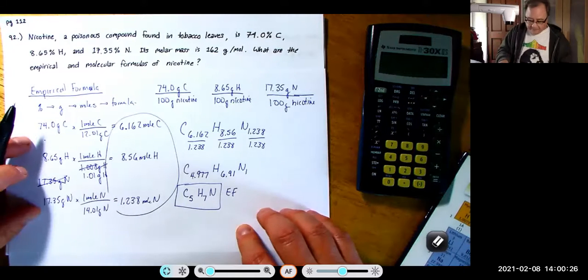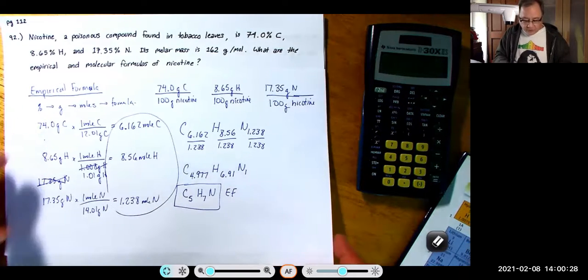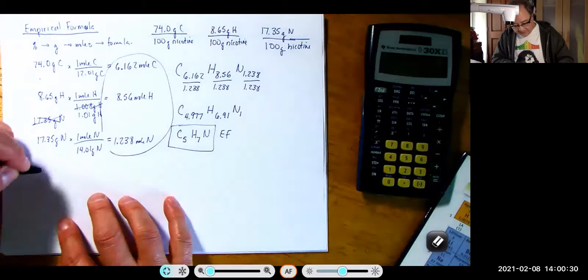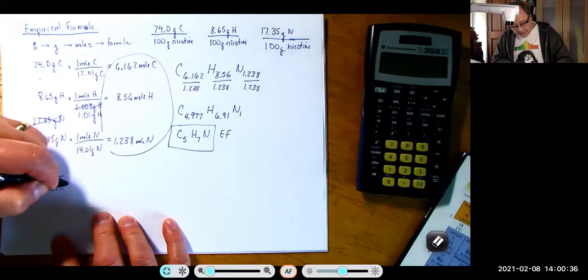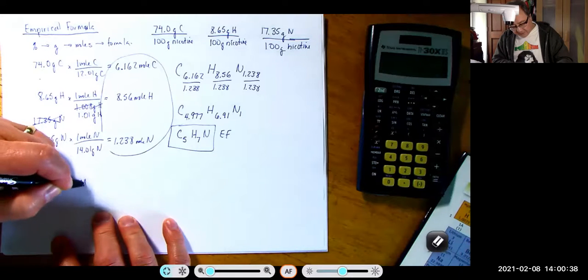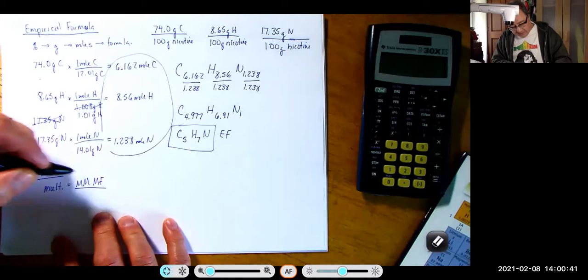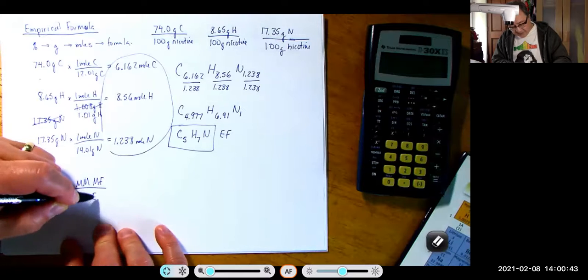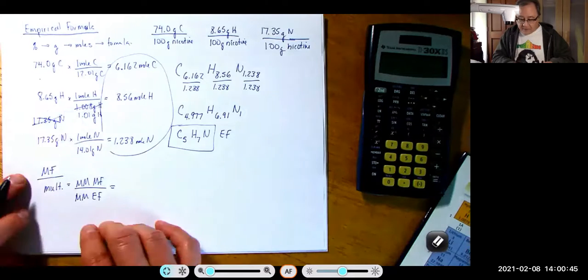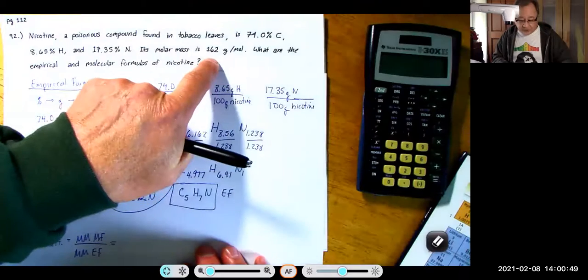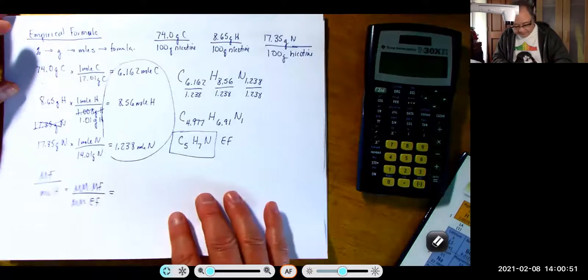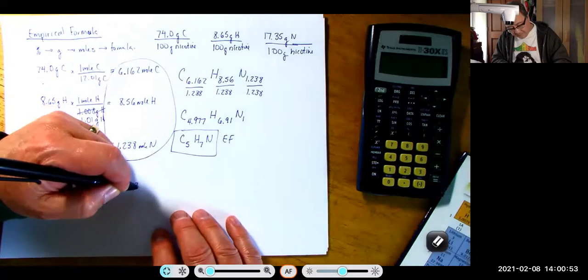Okay? So let's go to the molecular formula. Remember, we're going to get our multiplier, which is the molar mass of the molecular formula divided by the molar mass of the empirical formula. And I want to remind you that we were given the molar mass of the molecular formula is 162 grams per mole.